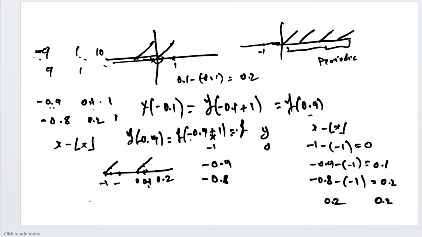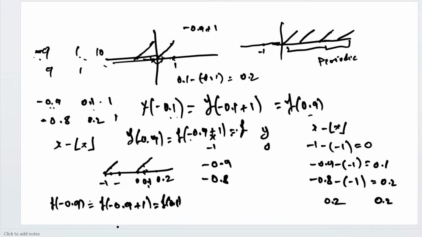Can you repeat, sir? What is minus 0.9 plus 1? What is this value? Point 1, no. So what we are saying? f of minus 0.9 is equal to f of minus 0.9 plus 1, which is equal to f of 0.1.